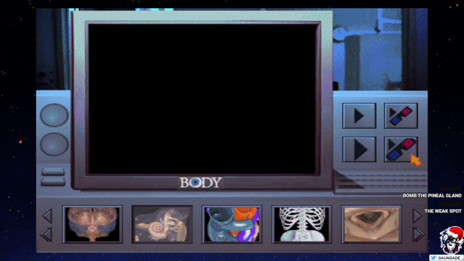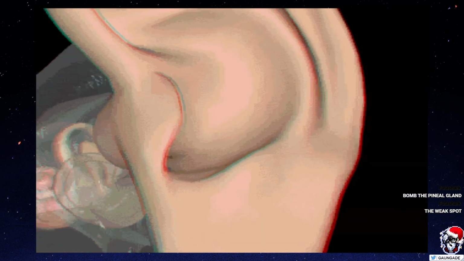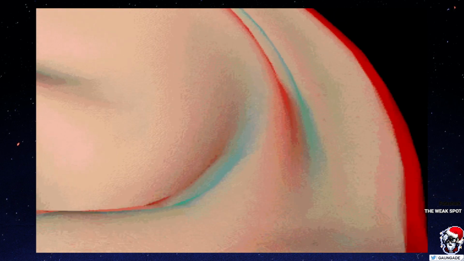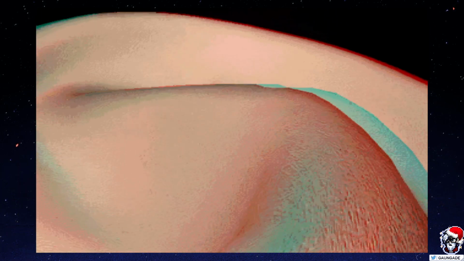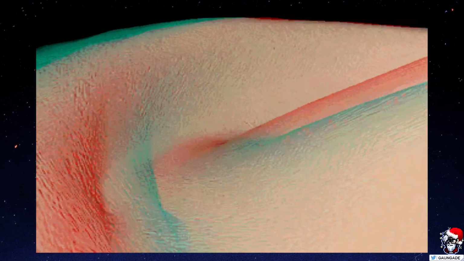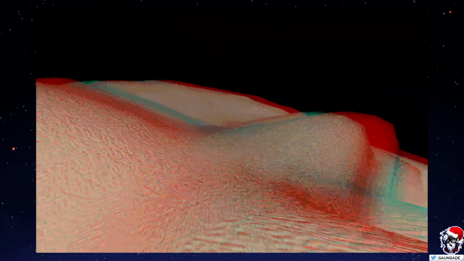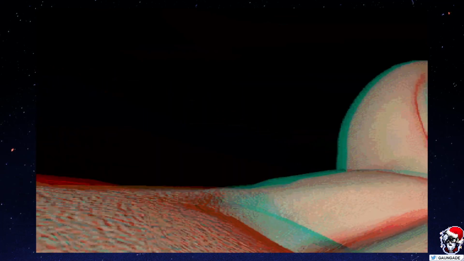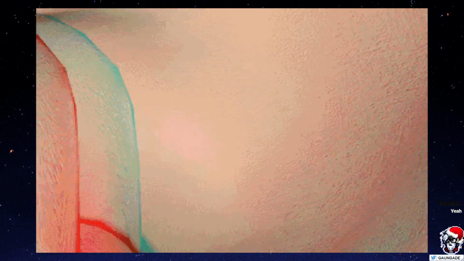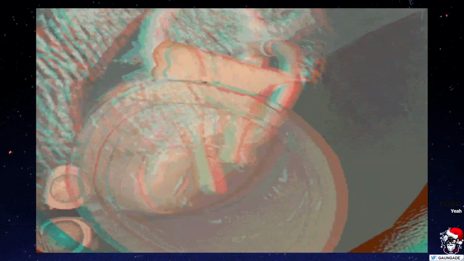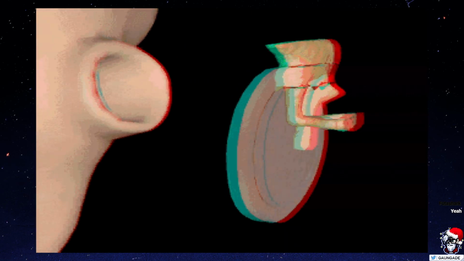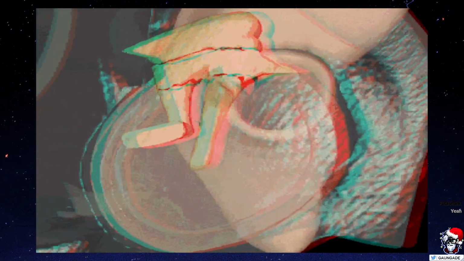Flyby through the ear. Yo, it's in 3D! Holy shit! Is it real? Yo! Damn! This is just like Star Wars. Yeah. Eardrum. Ossicles.